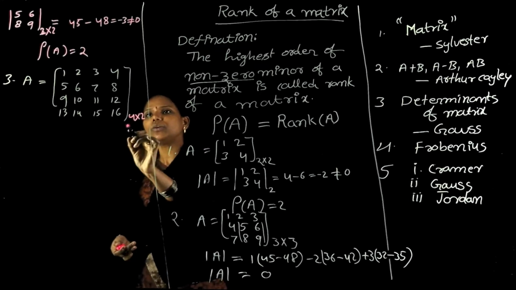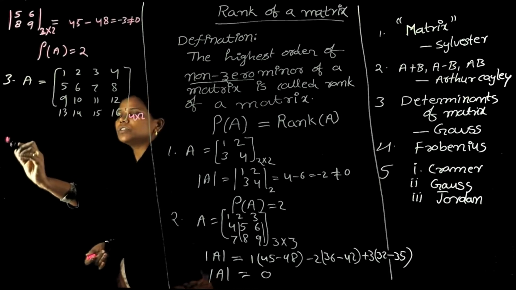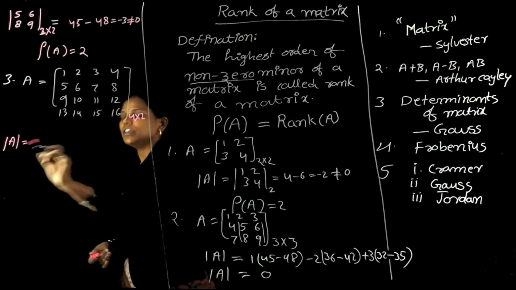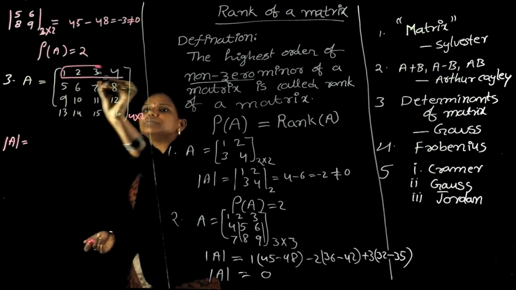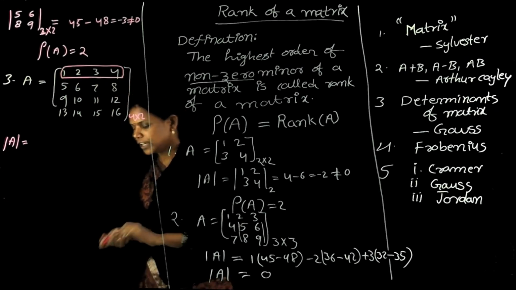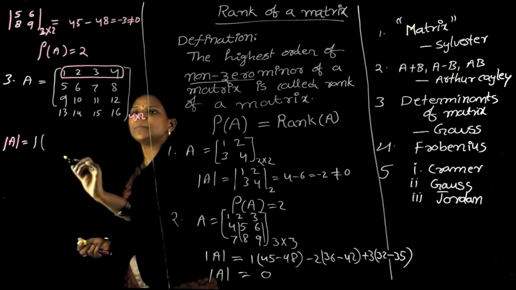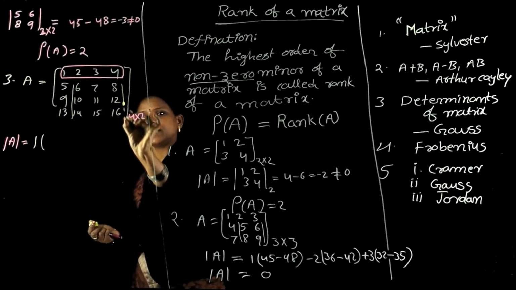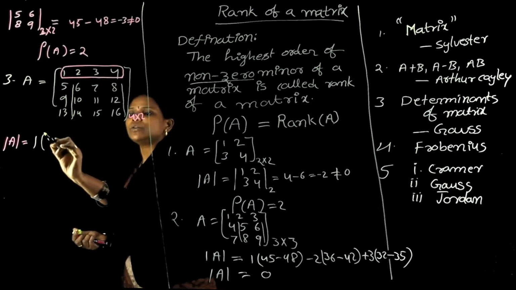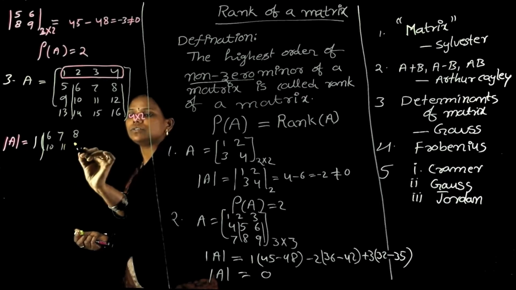It is very difficult to find determinant of higher order matrices. Let me show you how to find determinant of A here. We can choose any one row or column. I am choosing this row. To get the determinant, 1 into the submatrix 6, 7, 8, 10, 11, 12, 14, 15, 16, and we need to get this determinant.